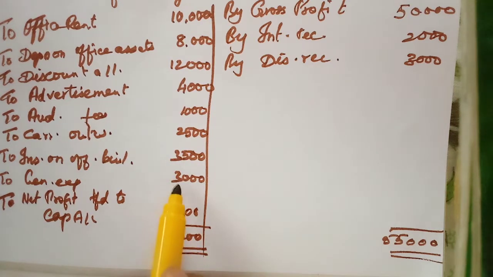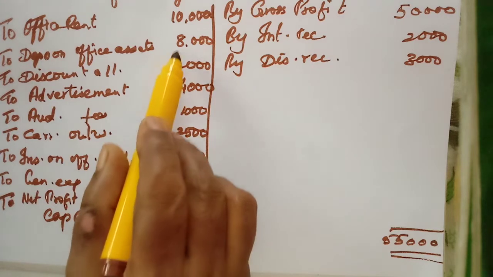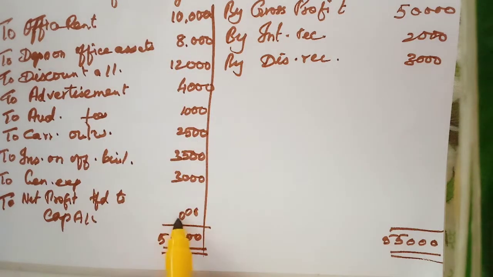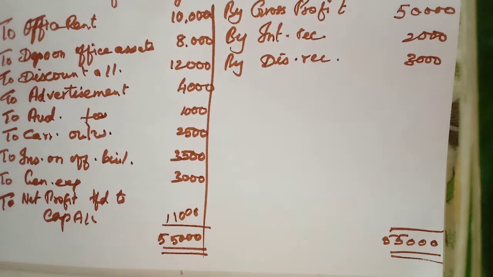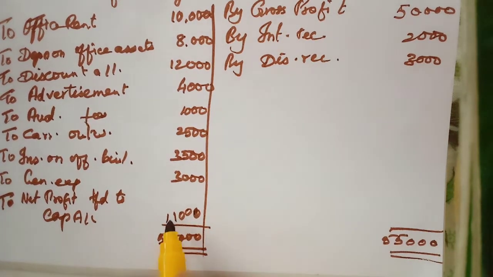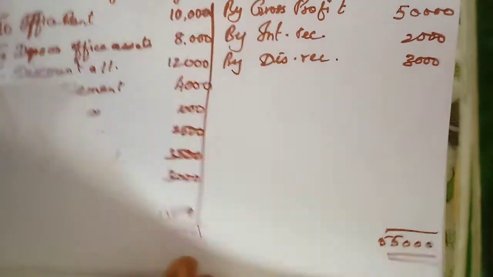Balance 1, 4, 7, 9, 10, 14, 16, 24. 24 plus 1, 25. Balance 2, 3, 4. So 1. So what is the answer? 11,000. You have got it. When you write with the pencil, you can write it correctly. Okay, so next exercise we will do.